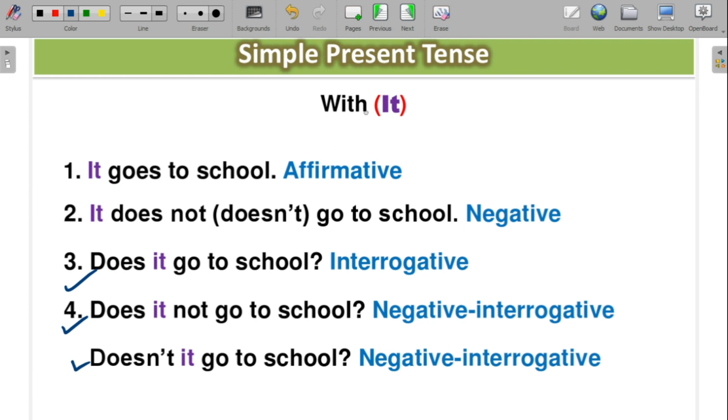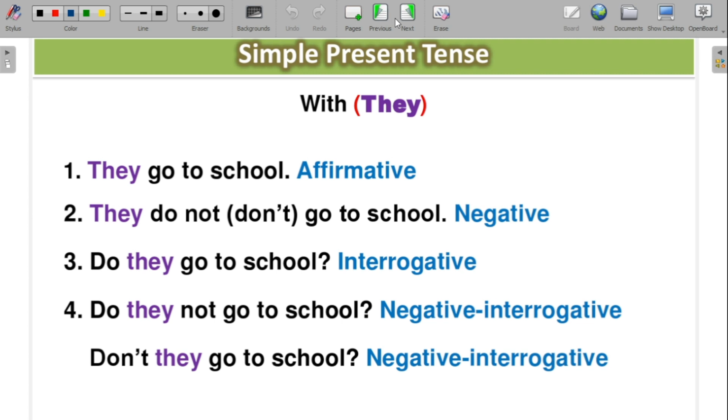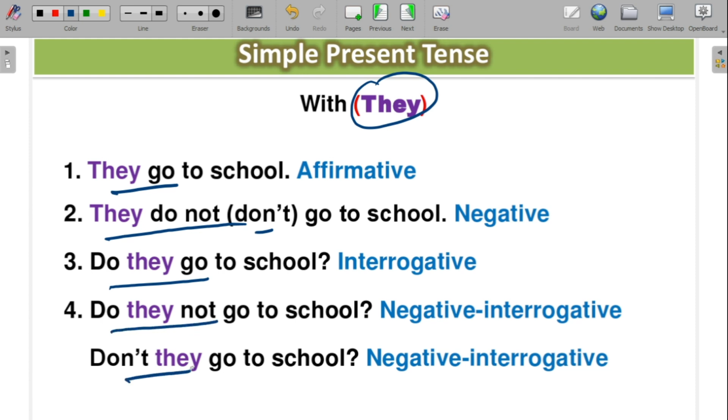Okay. Now let's check the next. Here it is they, a third person plural subject. Here it functions like the first or second person only because it's a plural subject. Like here, they go to school. They do not or don't go to school. Do they go to school? Do they not go to school or don't they go to school?